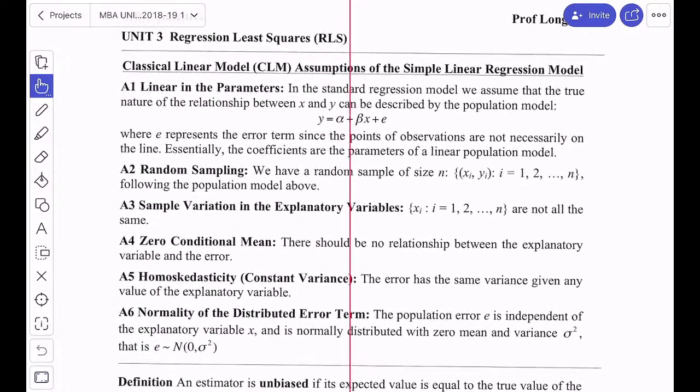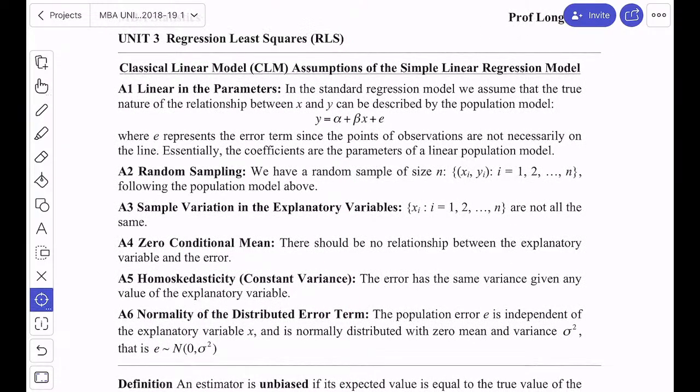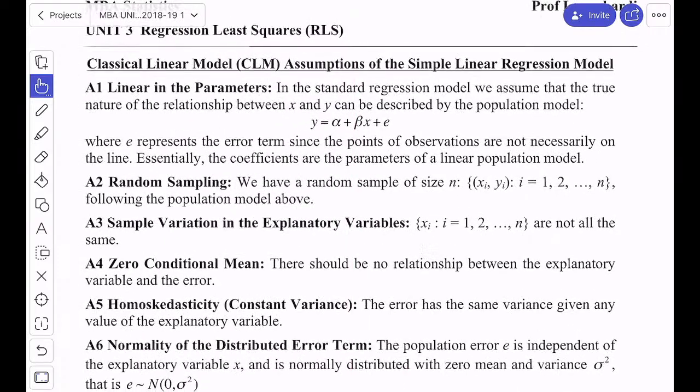This is actually the relationship in terms of Greek letters. When you see Greek letters, remember I told you we treat it like it's the population result. So this is actually an equation, like a model. This is a model that will get you all your values.